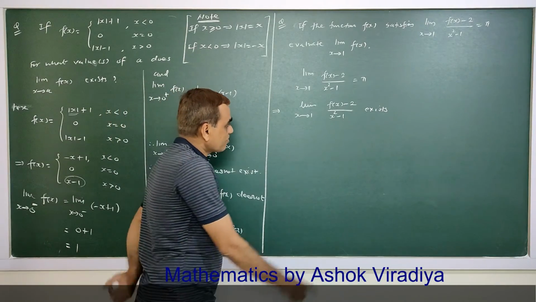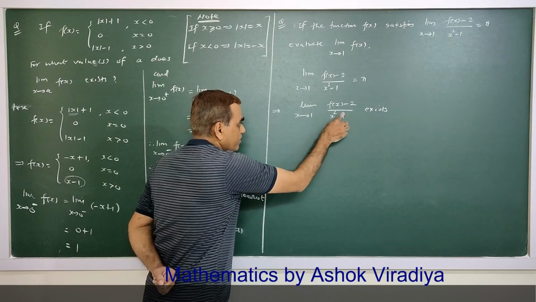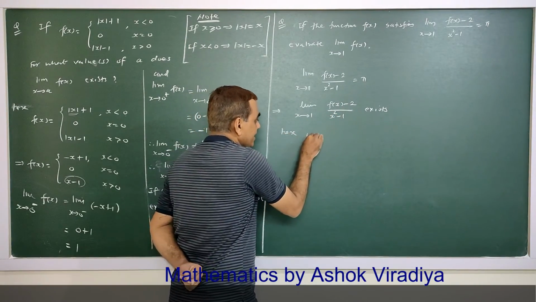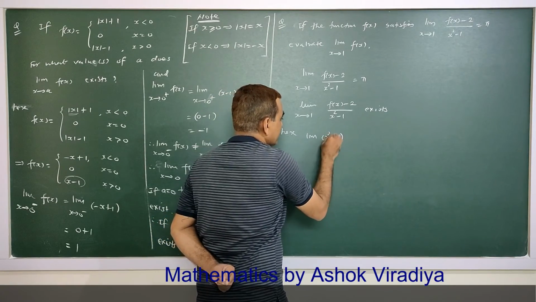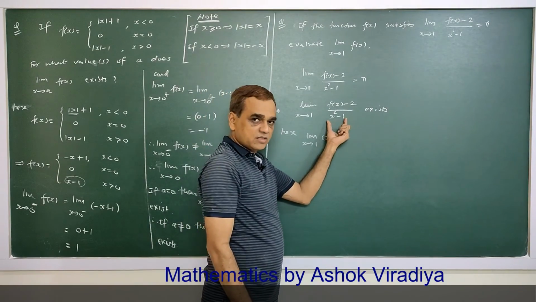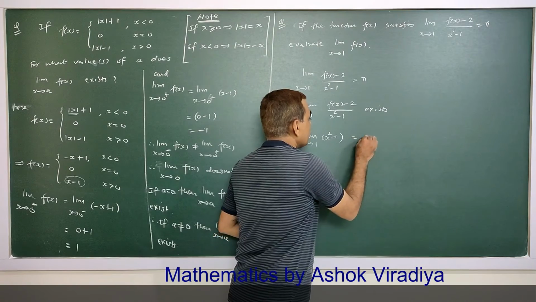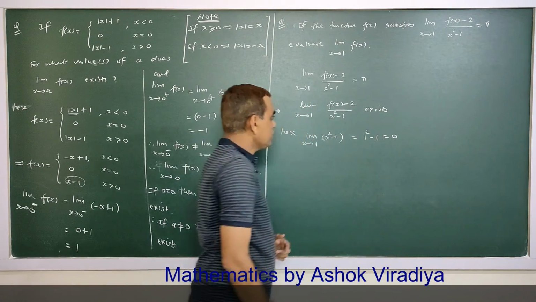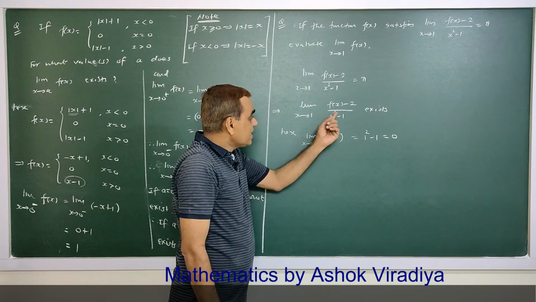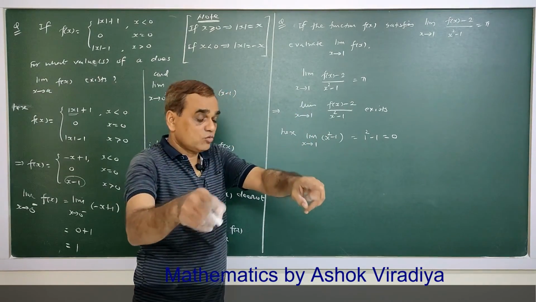Now look, here putting x equal to 1, the limit of the denominator is 0. Here the limit of x square minus 1 as x tends to 1. Check the denominator. Putting x equal to 1, its limit is 1 square minus 1 equal to 0. So because this is 0, this must also be 0.